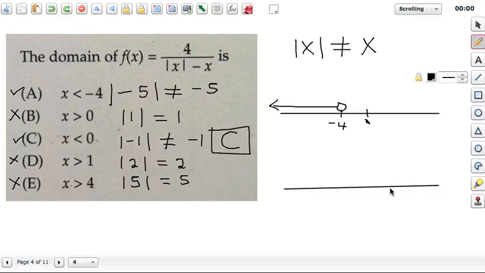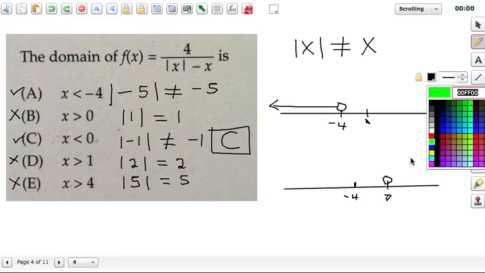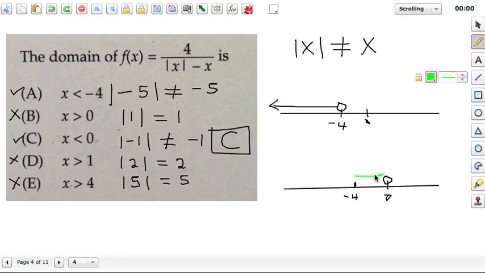But what about the numbers between 0 and negative 4? That piece right there is not included in choice A. So that's the reason why we will choose choice C. Okay, moving on.